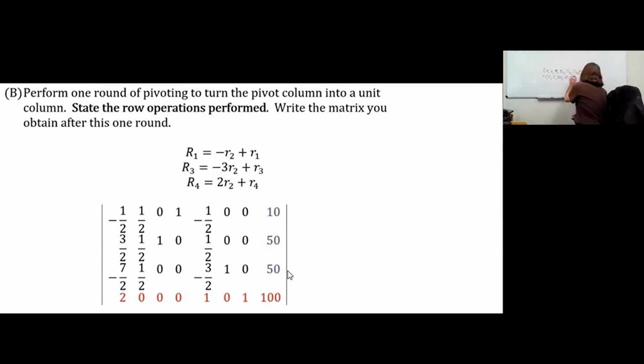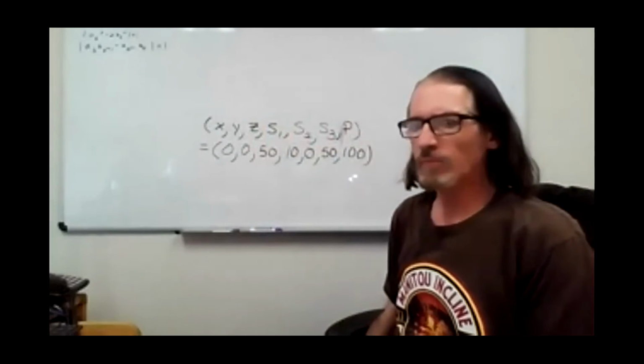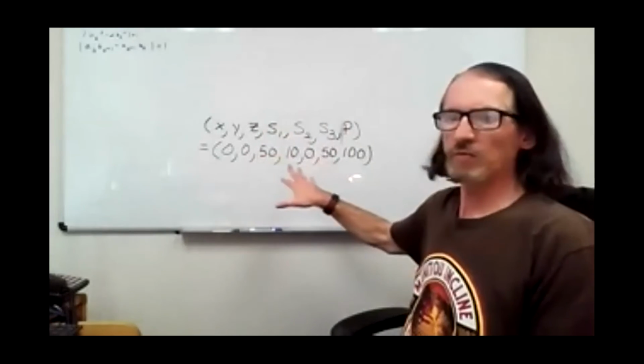S sub 3 is 50, and that is producing a P value of 100. And notice that there are no negatives in the objective row anymore. So this is giving us the optimal solution.